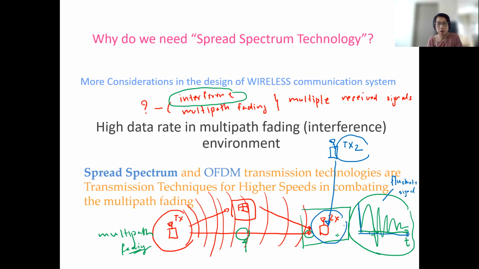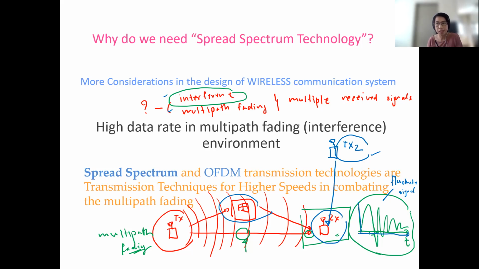Okay, but we cannot avoid this one, right? We cannot avoid the obstacle in between transmitter and receiver. And in the real scenario, there are many transmitters also. So we cannot avoid these two situations. But as an engineer or researcher, you have to think about how we can maintain or improve the received signal in this scenario.